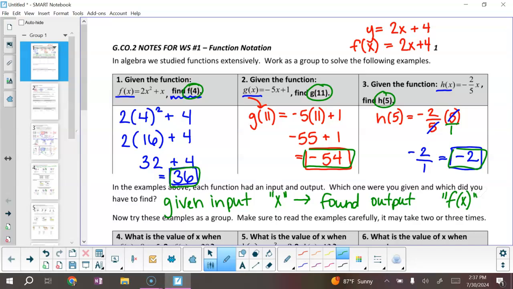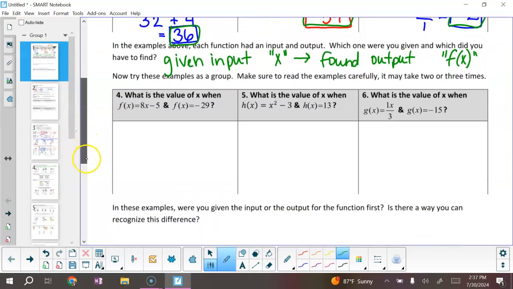Remember, those are changing depending on maybe what they're using for letters in the problems. But the number that you're plugging in, that's just an x value. That's a certain x point that we've picked that we're going to evaluate our equation at. What we get out is our y value, but remember, we're not saying y all the time. We're saying f of x, g of x, h of x to kind of keep those equations separated. Okay?